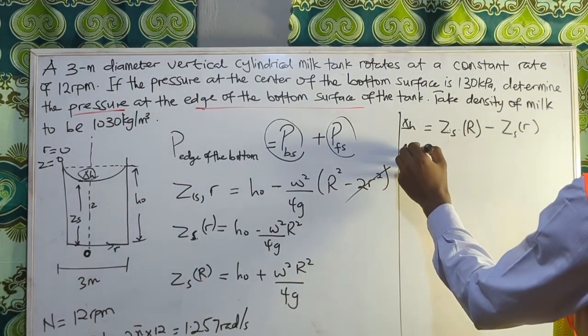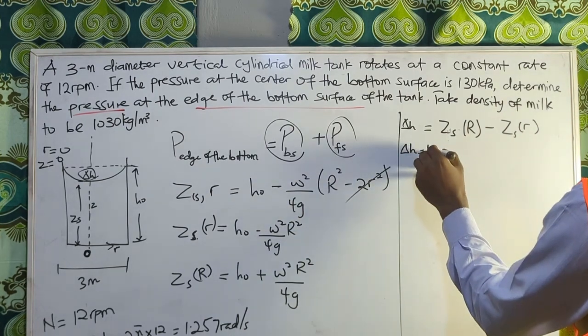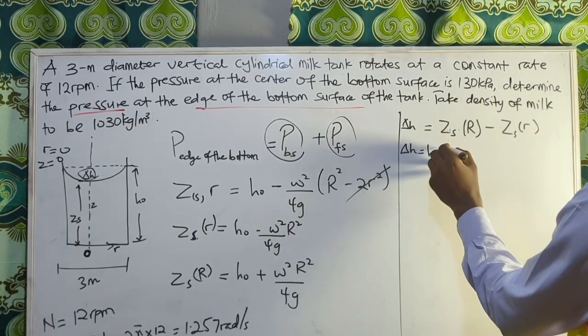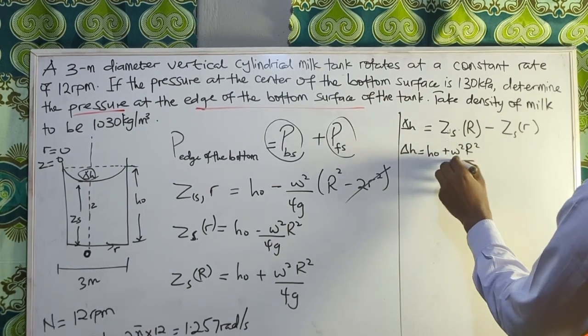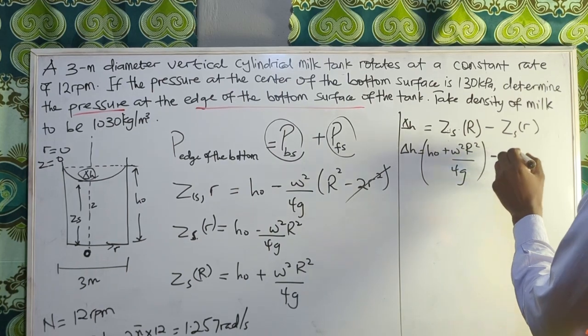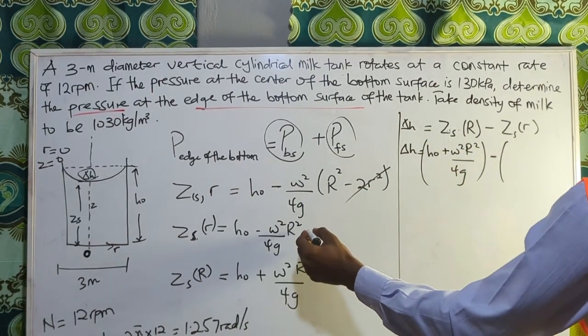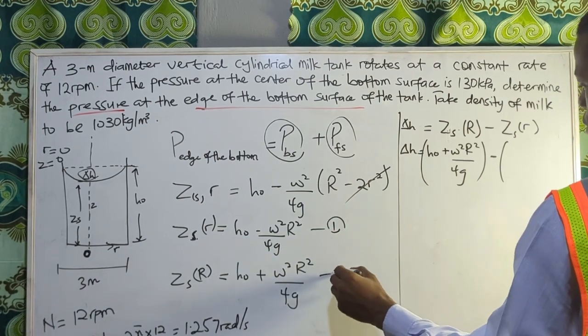So we substitute the big R expression there, minus the small r expression. Let's name these equation 1 and equation 2.